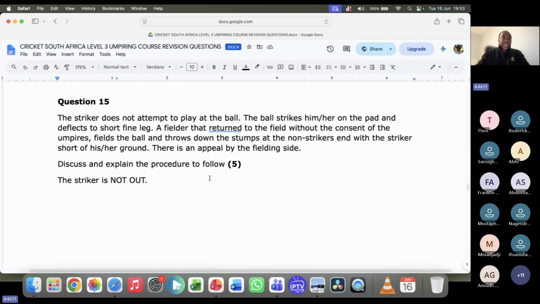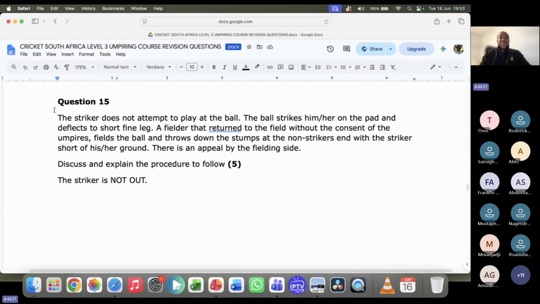Now we have a 5-mark question. Question 15. The striker does not attempt to play at the ball. The ball strikes the striker on the pad and deflects to short fine leg.